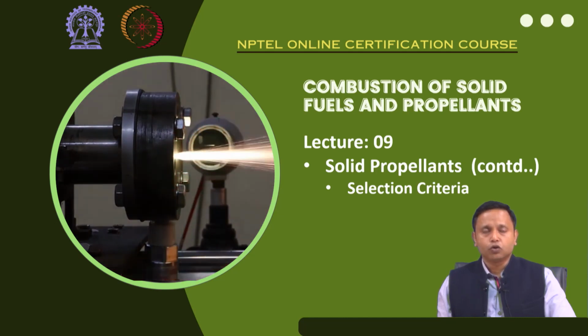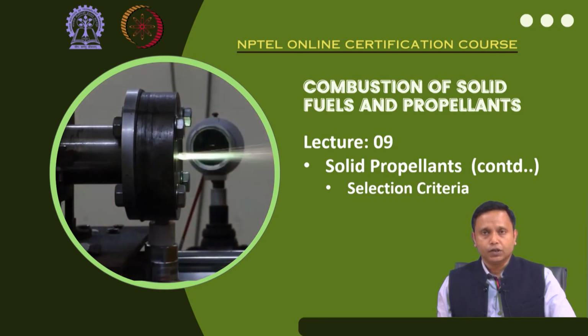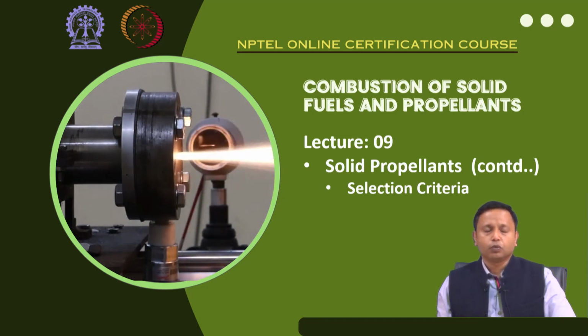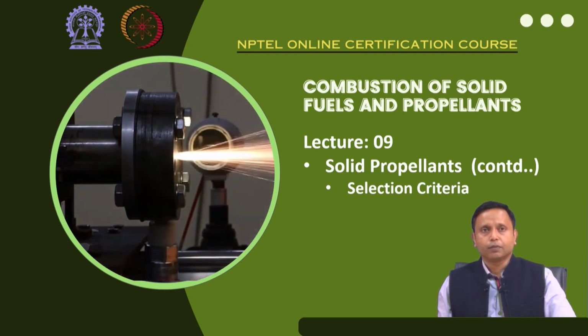For example, it needs to provide high performance, meaning high Isp or high C star. To achieve high Isp, the temperature of the combustion products must be higher, and that happens only when the heat release from the combustion of the propellants is higher.